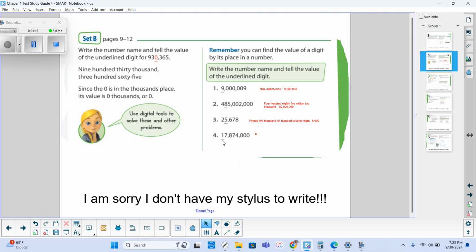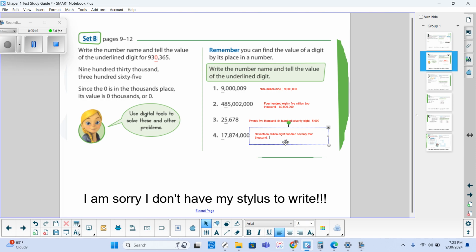And this number is 17,874,000. So to write it out would be 17,874,000.